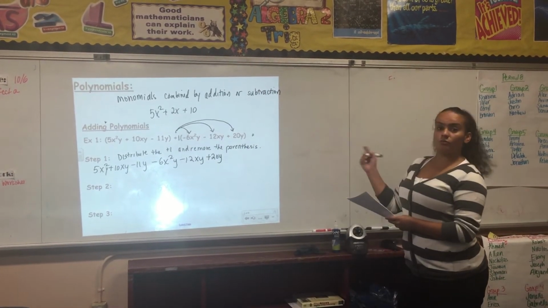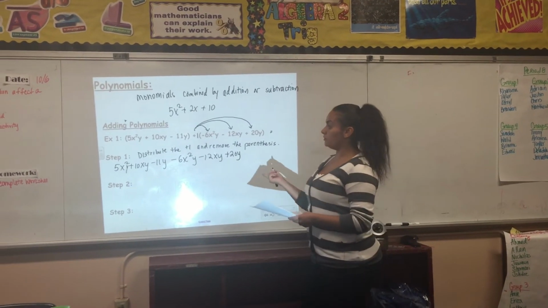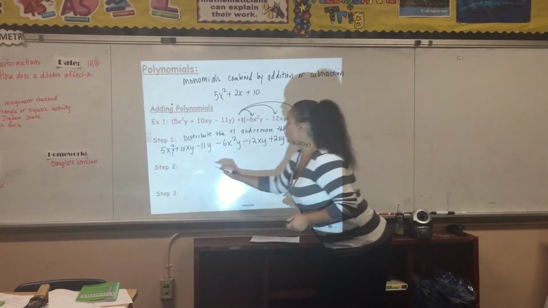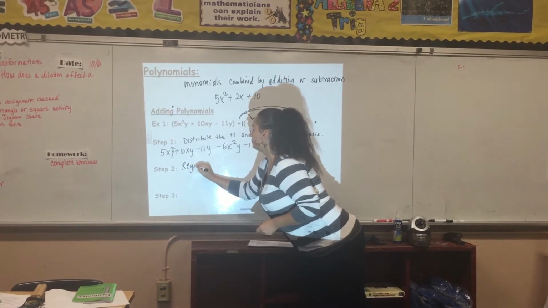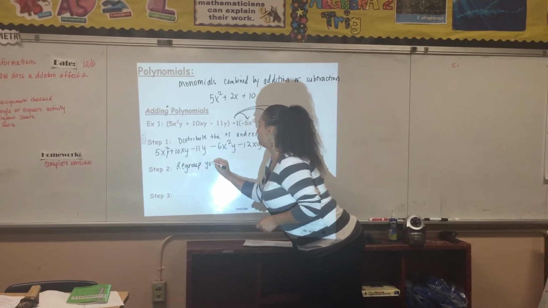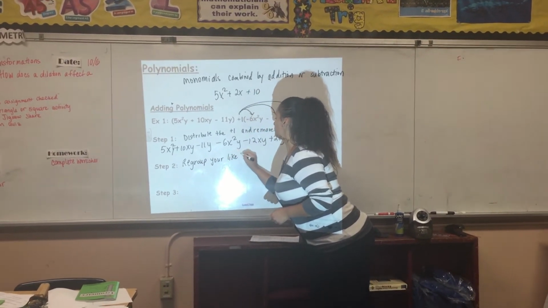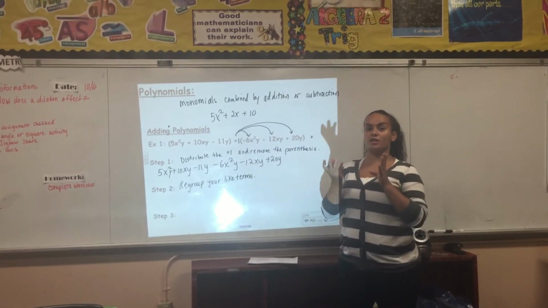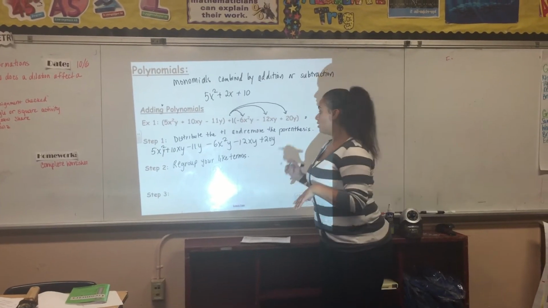So now that you've distributed your positive 1, the next step is to regroup your like terms. And what this means is to make sure your like terms are next to each other.